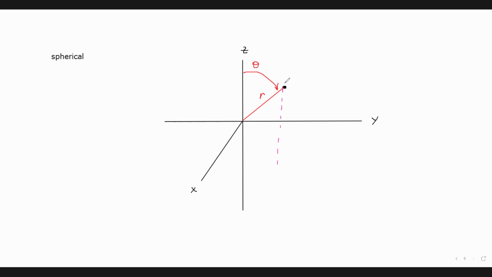So this point is out in space, but I drop a perpendicular down to the XY plane. And let's say that pierces the XY plane right here. I draw a line from the origin in the XY plane to that point, and the angle from the positive x-axis is called the azimuth angle. And conventionally, we give that the symbol phi.